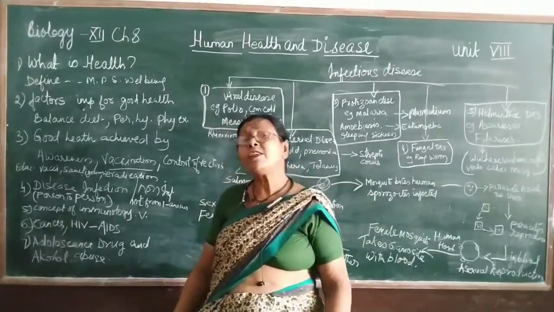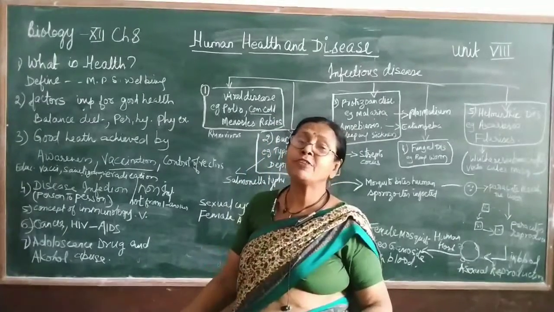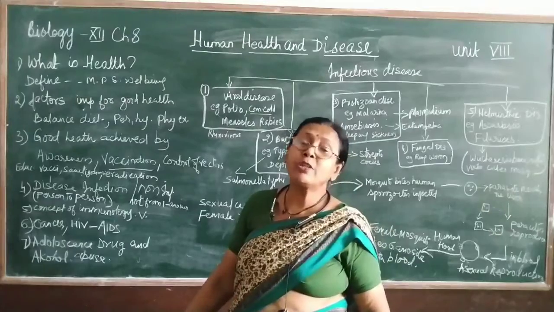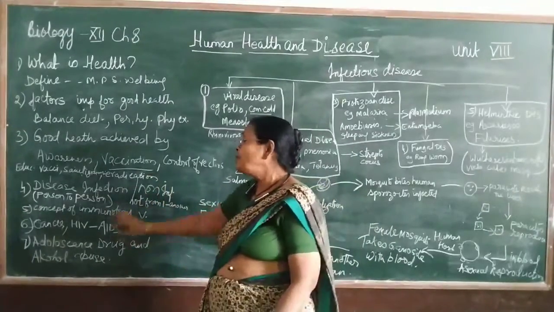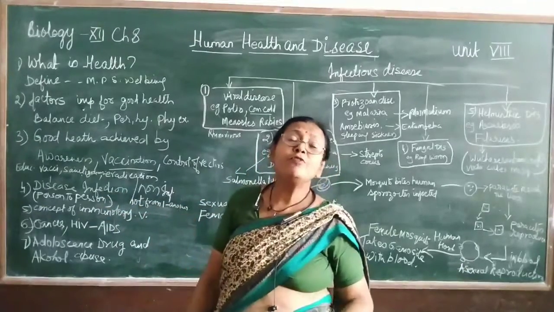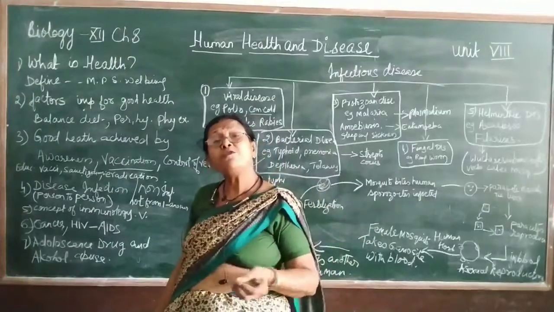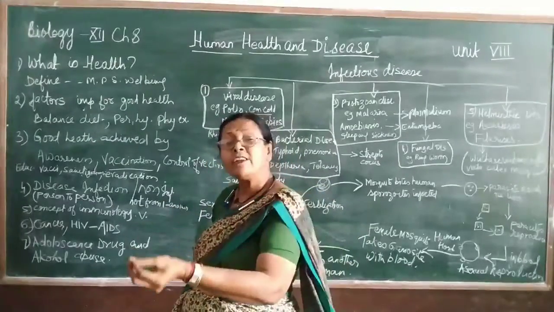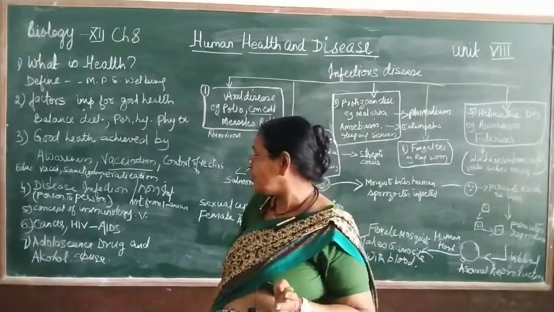In both ways we will get sick, but there is a vast difference between these two types of disease. First of all, an infectious disease is a disease which is transmitted from one person to another person. That is called infectious disease.